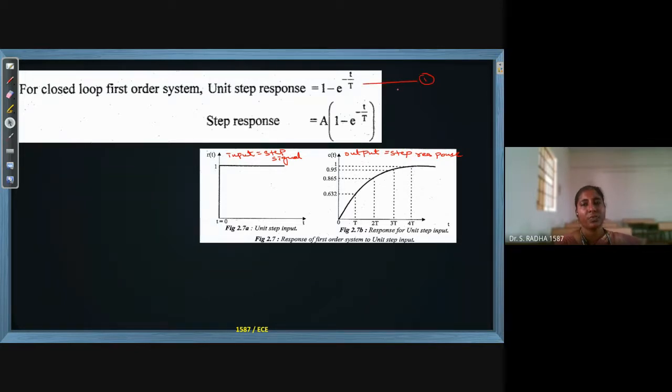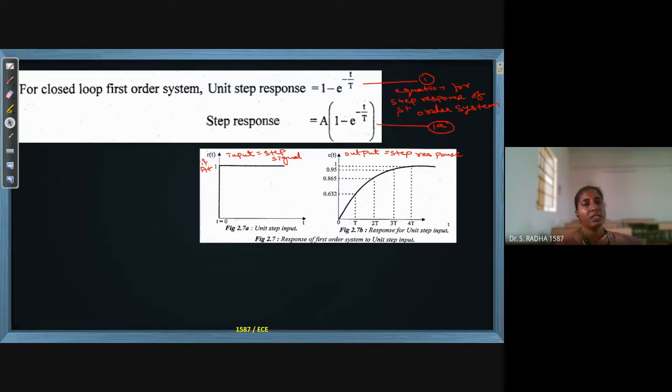This is the equation for the step response of a first order system. We have taken first order only in the beginning. If the amplitude, instead of 1, is capital A, then the second equation will come, and A will be the output.